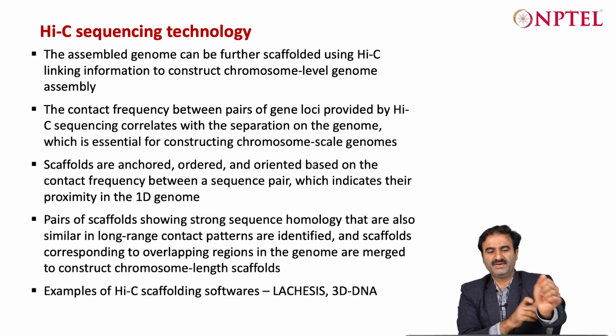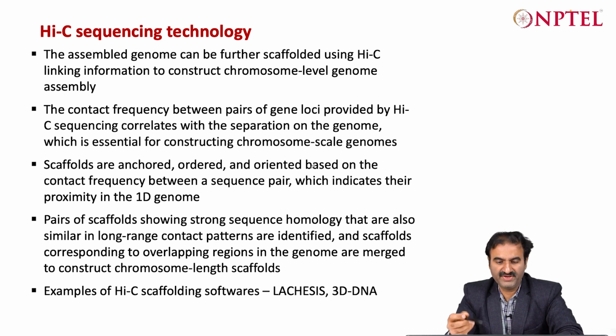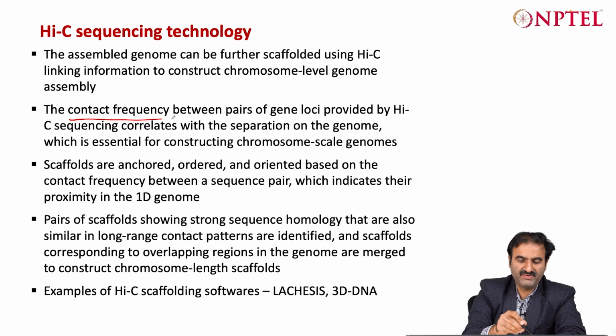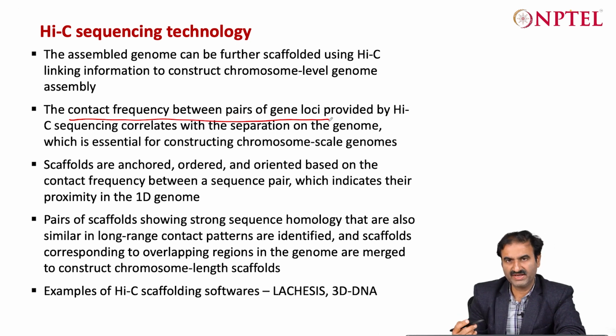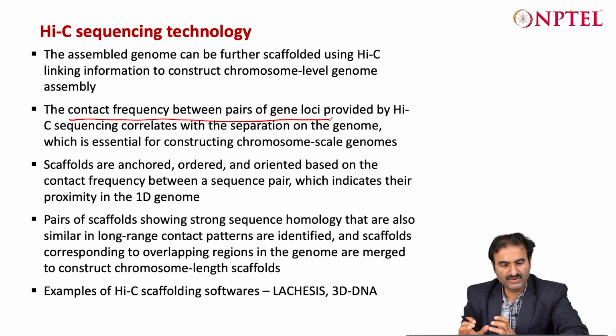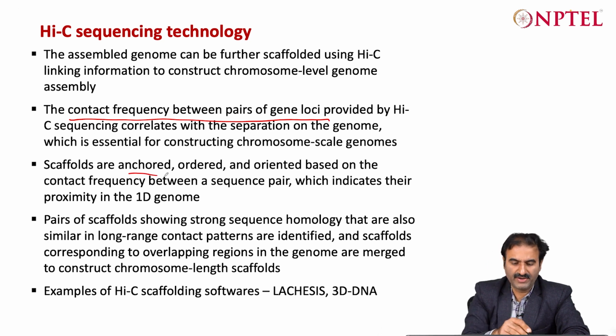So the assembled genome can be scaffolded using Hi-C to construct a chromosome level assembly. The contact frequency between pairs of gene loci, or regions in your chromosome, will help you connect them better and construct the chromosome level assembly. So scaffolds are anchored, ordered and oriented based on the contact frequency.